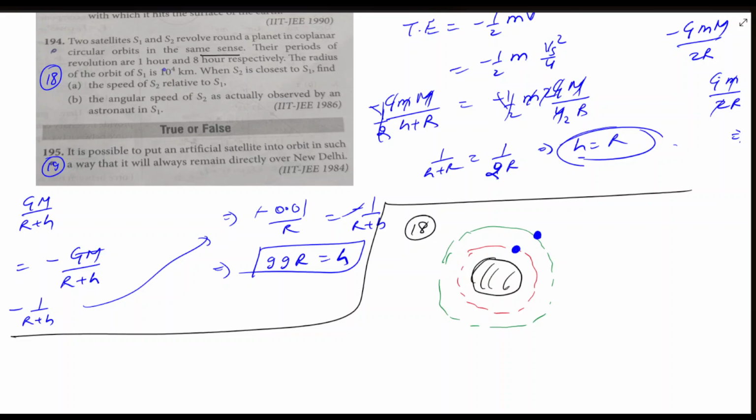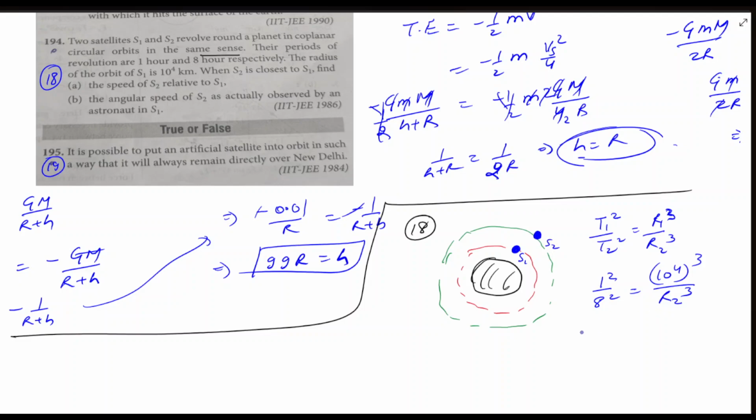The time period is given and the radius of S1 is given. So let's say this is S1, this is S2. So we know T1 square by T2 square will be R1 cube upon R2 cube. So T1 square is 1 square upon 8 square, and R1 is 10 raised to power 4 to the whole cube upon R2 cube.